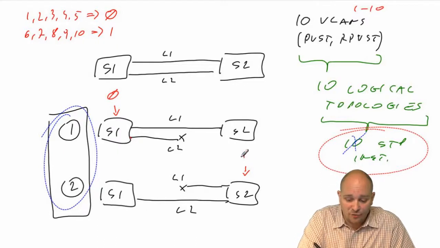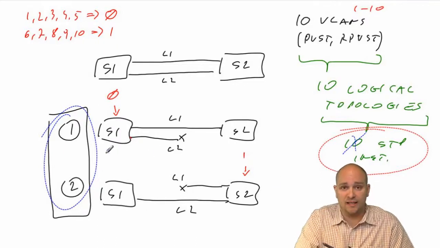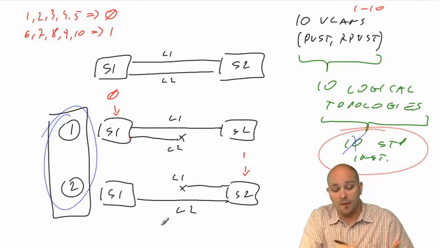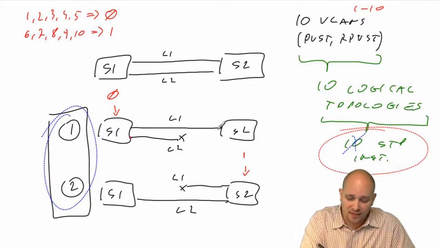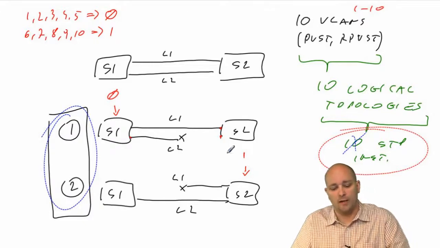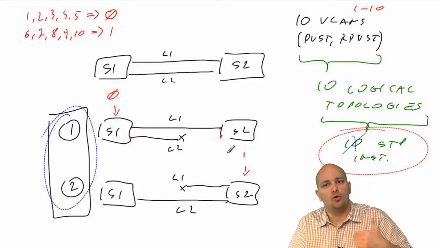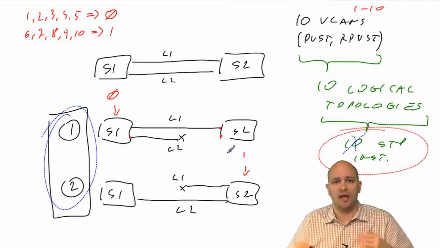Or we don't even have to make different roots in this case. We could make switch 1 be the root for both instances and then tweak the costs on these links here in order to affect which link will be blocking and which link will be forwarding.